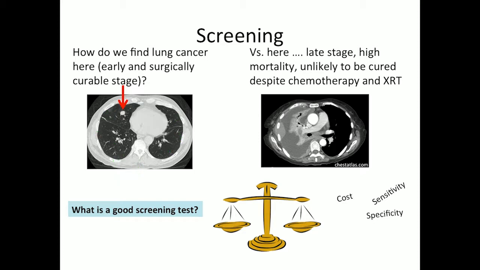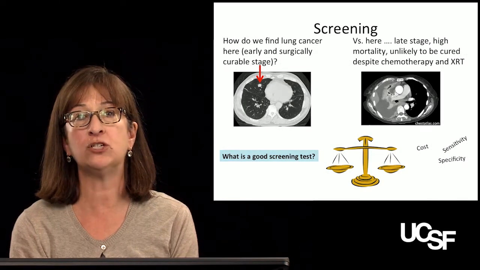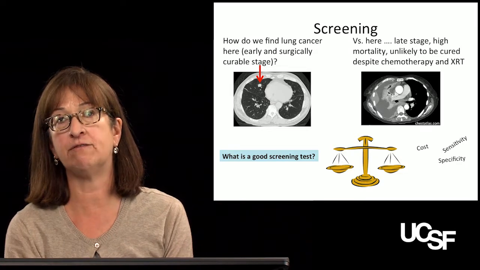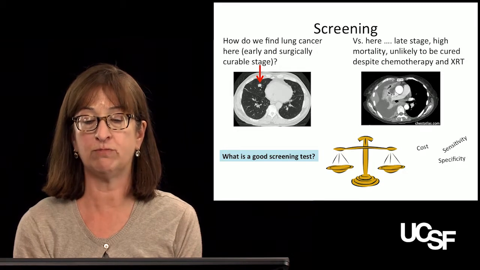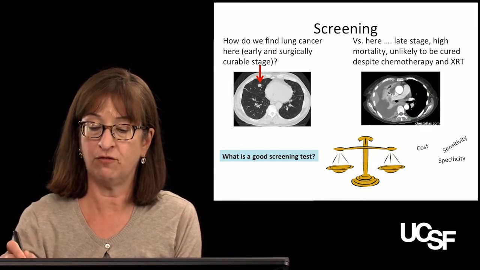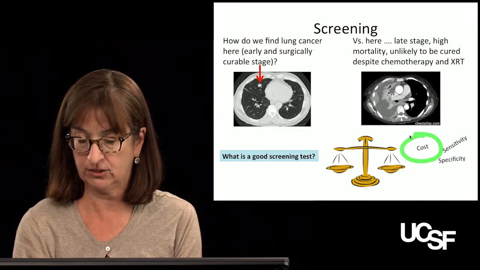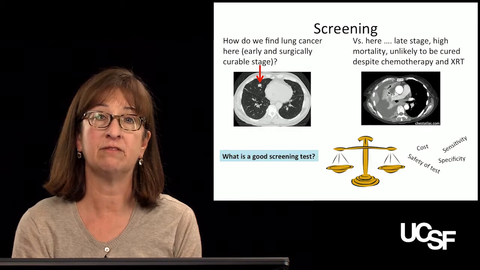We have to be mindful of the cost. Remember, if we're talking about applying a screening test to smokers, and 16.8% of adult men smoke and about 14% of adult women smoke in the U.S., if it's very expensive, we would be spending a lot of money just on lung cancer screening. We want the test to be safe.